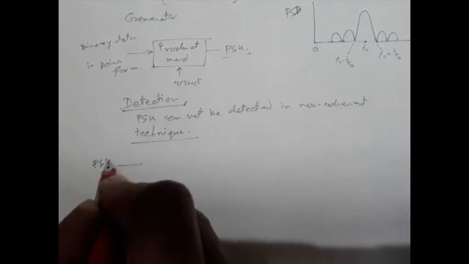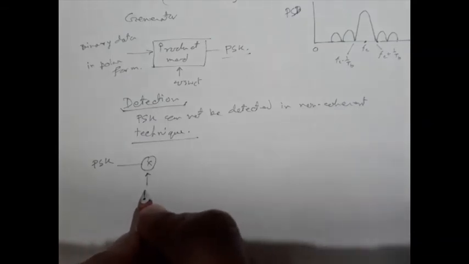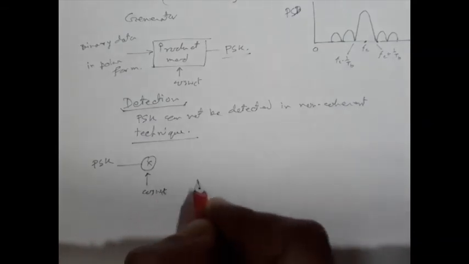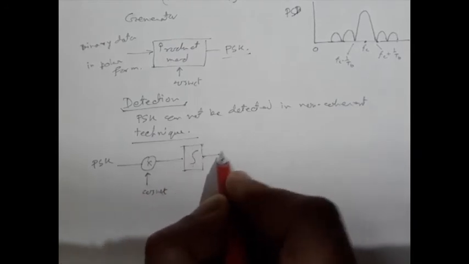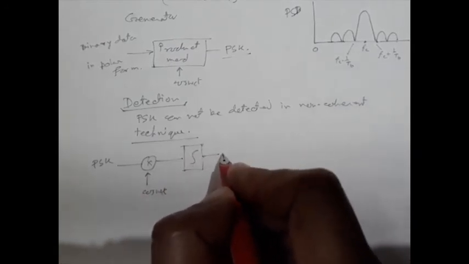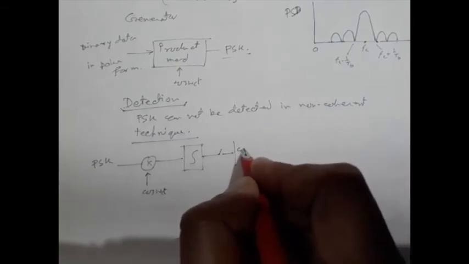So for the PSK signal, first we need a locally generated carrier, then we have an integrator, then some kind of sampler and comparator.